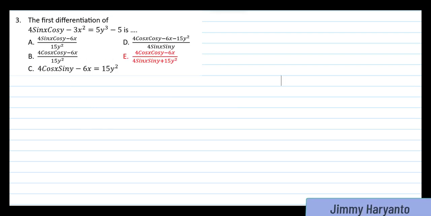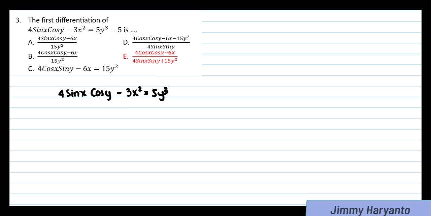And then number 3. For number 3, we have an implicit, yeah, sine x cos y minus 3x squared equals 5y cubed minus 5.